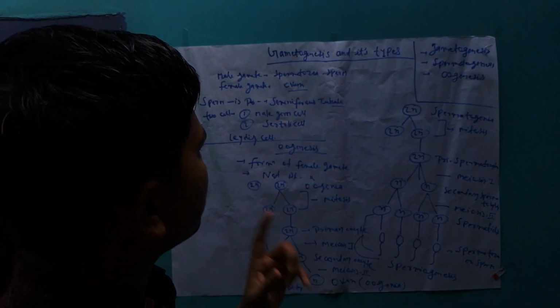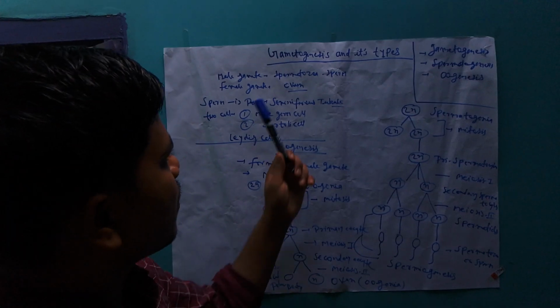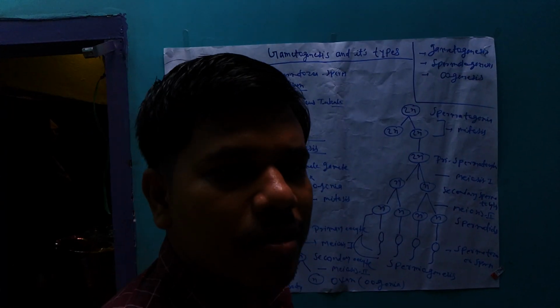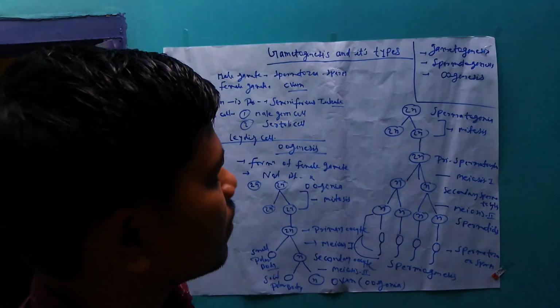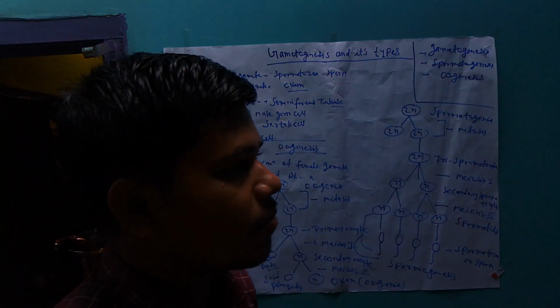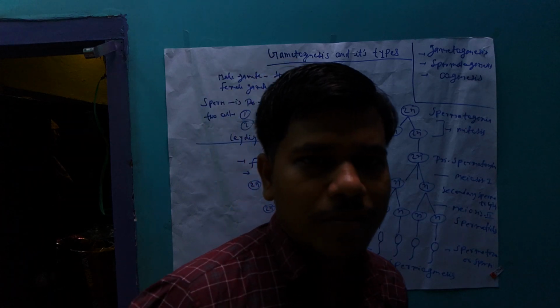Now what did we study today? Two types of gametes: male gamete and female gamete. Male gamete means the spermatozoa, or sperm, which is found in the male, and the female gamete is the ovum in the female.